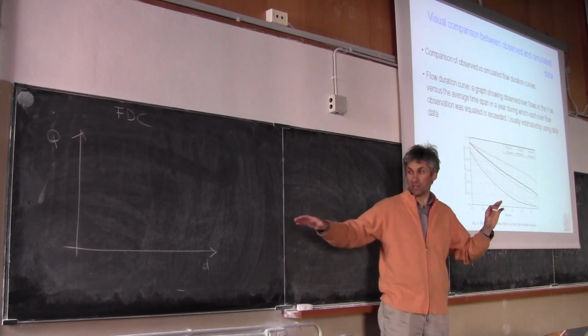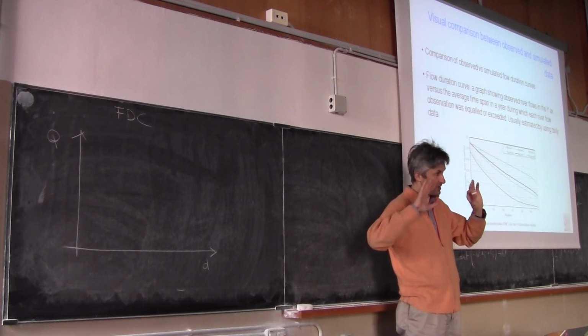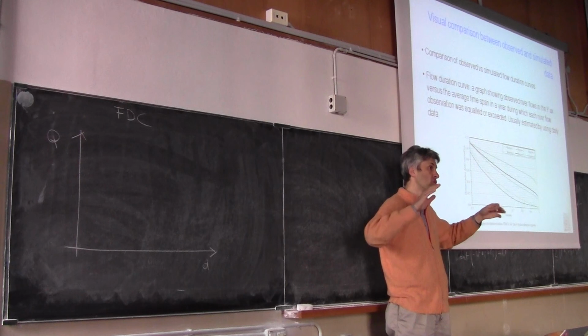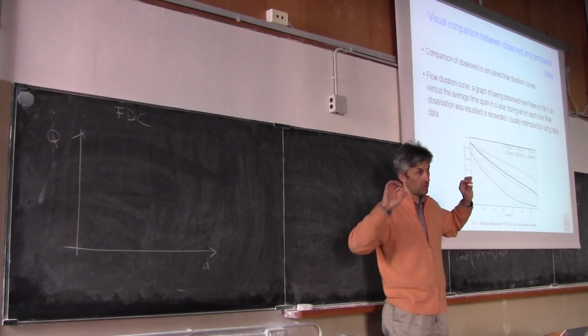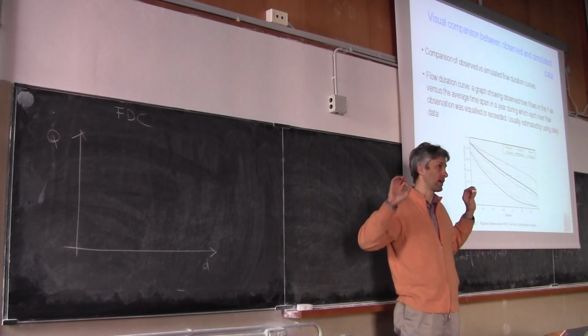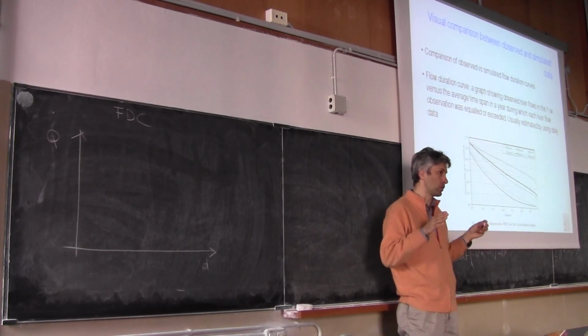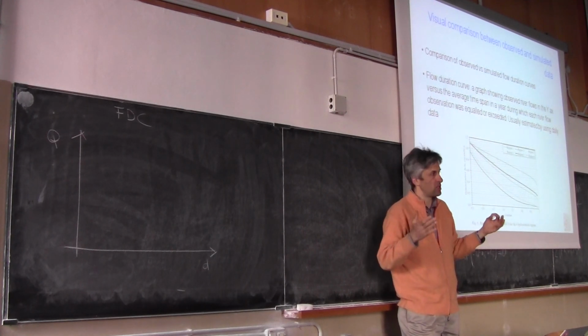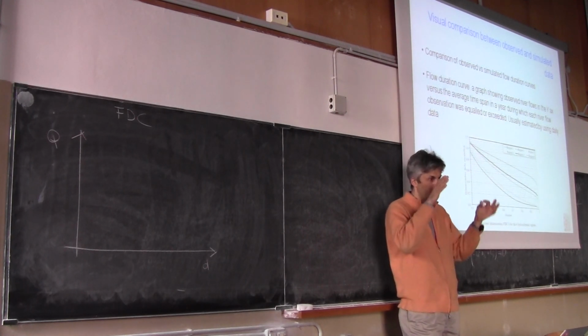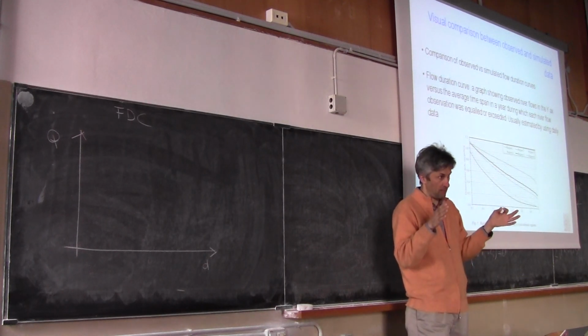This definition you can extend to the case of whatever time step, even if you have hourly data. But usually, when we talk about flow duration curve, we refer to duration expressed in days, because the typical situation is the one in which we observe the river flows at daily time step.